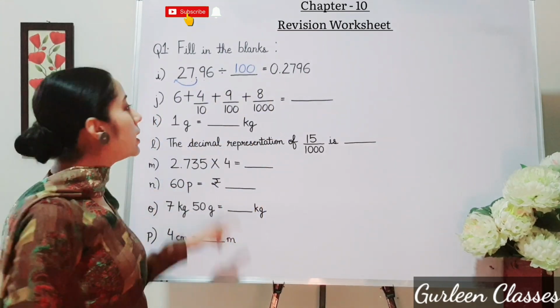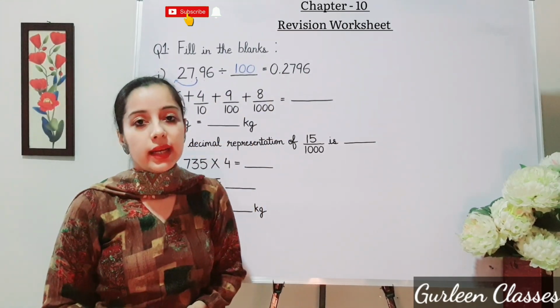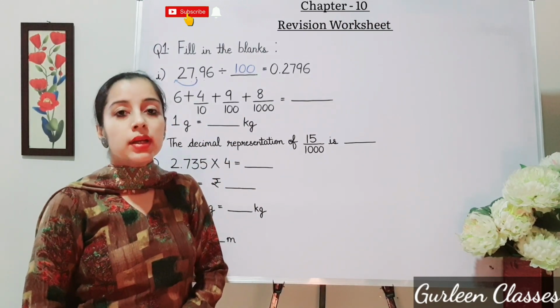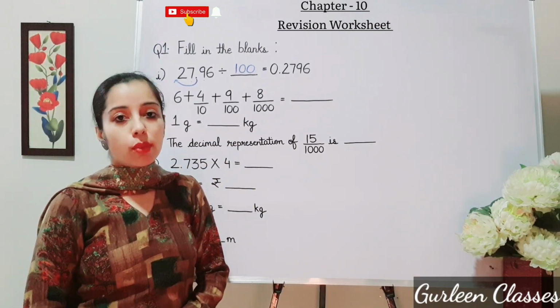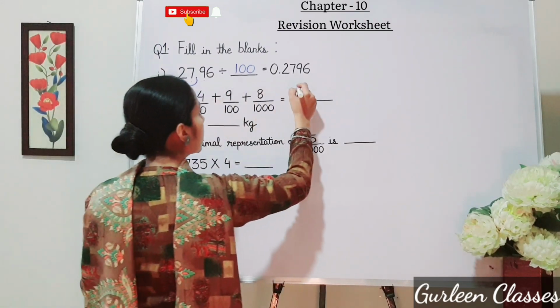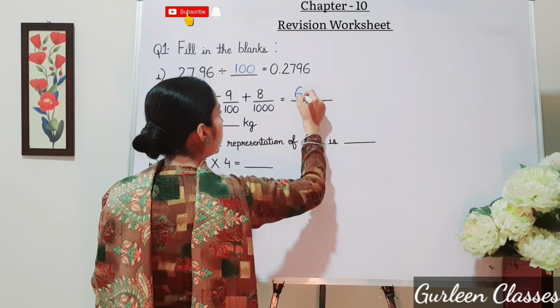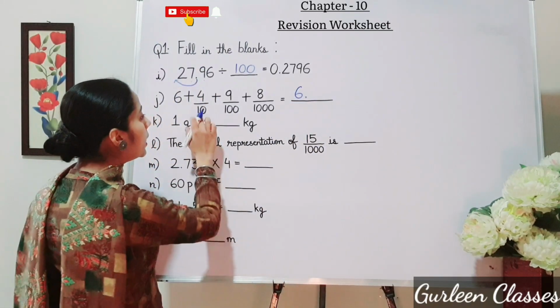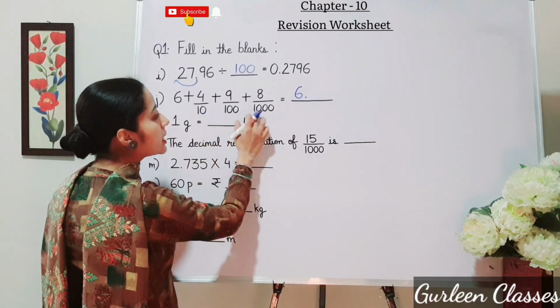Now J part, 6 plus 4 upon 10 plus 9 upon 100 plus 8 upon 1000. So it is written in expanded form. So let us write it in standard form. It will be 6 point. I told you after the decimal point, this is the tenths place, hundredths place, thousandths place.